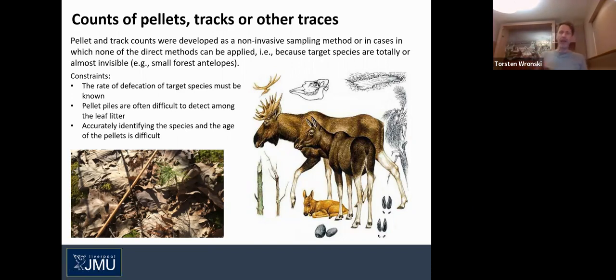In many cases, the animals live in such dense vegetation or in inaccessible areas that these distant counting methods are inappropriate. So we can use various trails, tracks, and traces to estimate the presence and maybe even abundance of a certain species in our area.